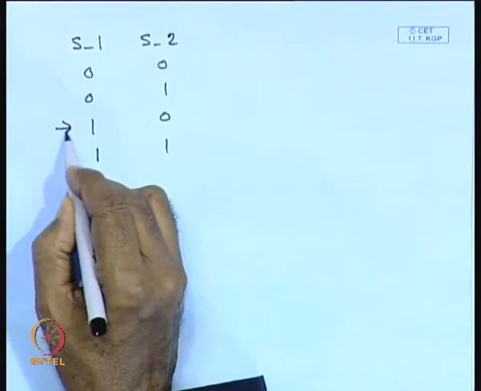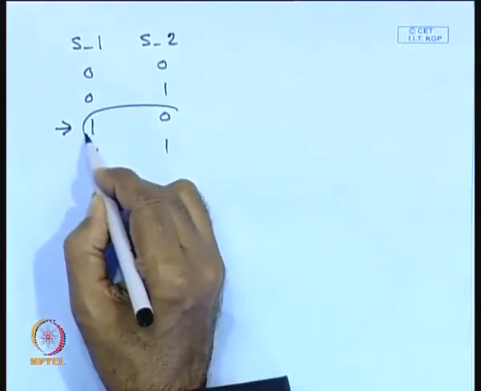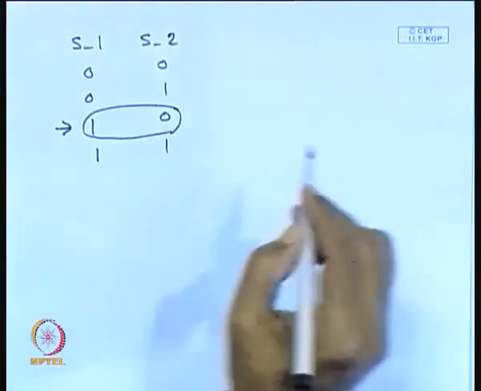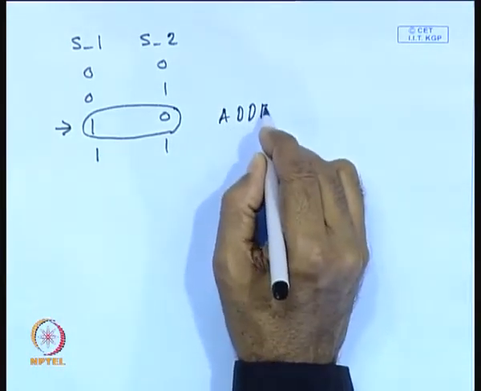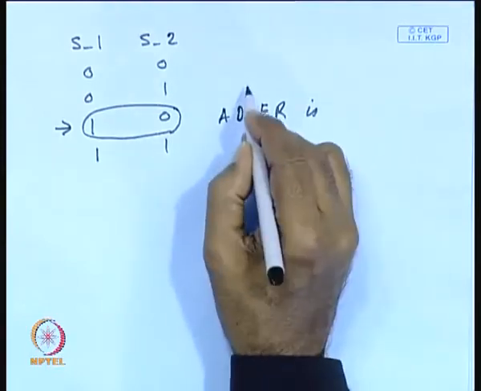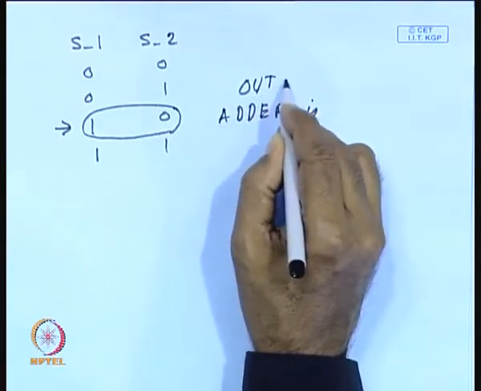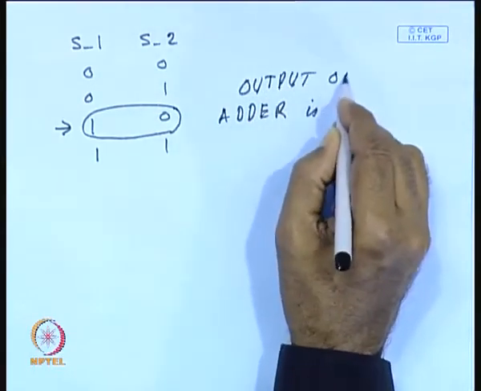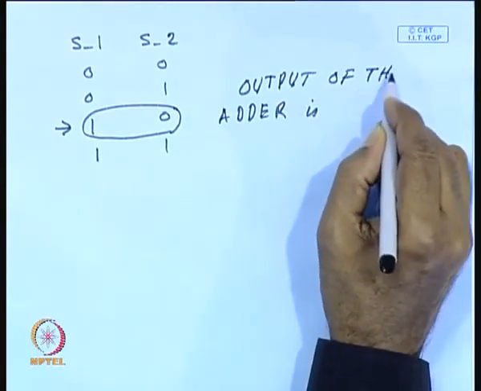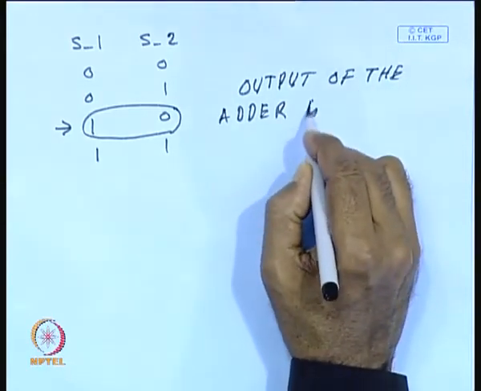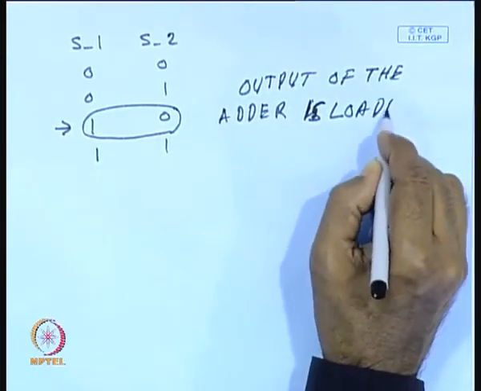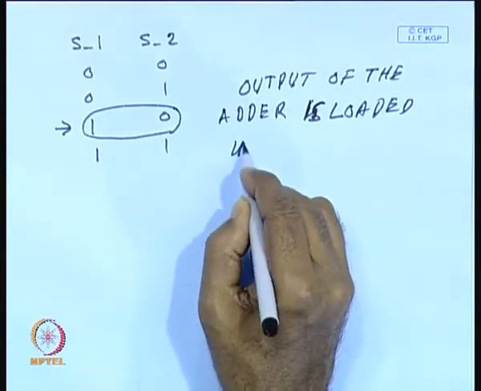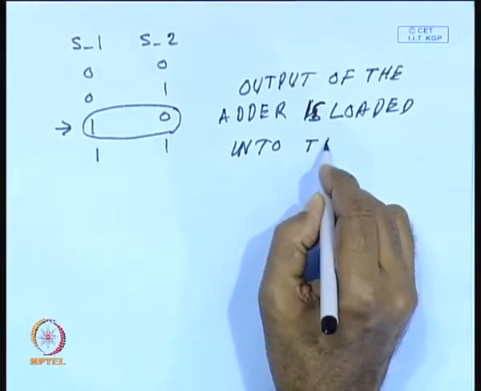Now, we find that when S1 is 1 and S2 is 0, only during this condition the output of the adder is loaded into the register.